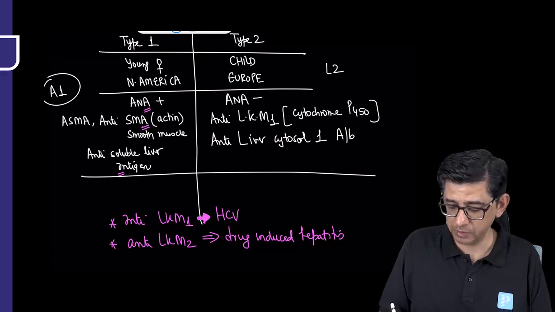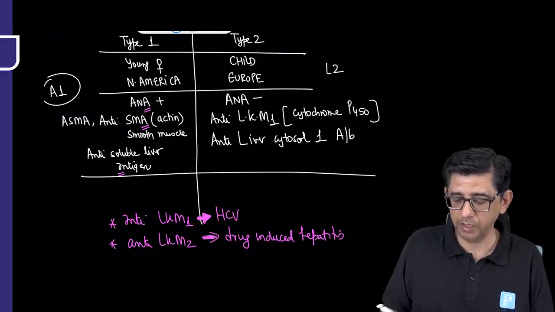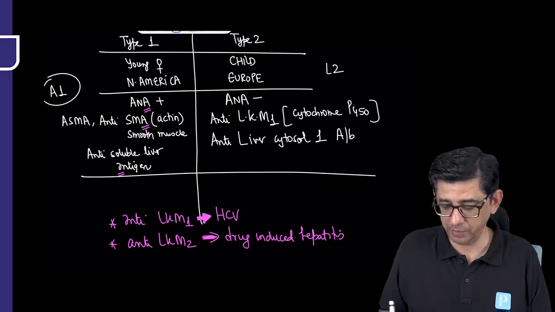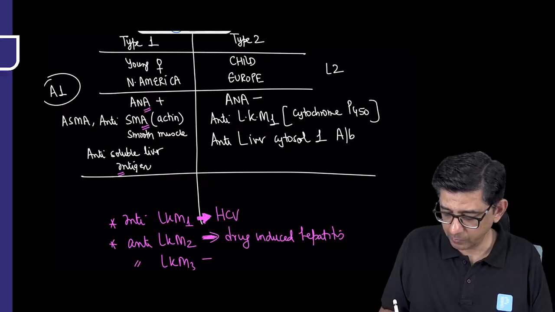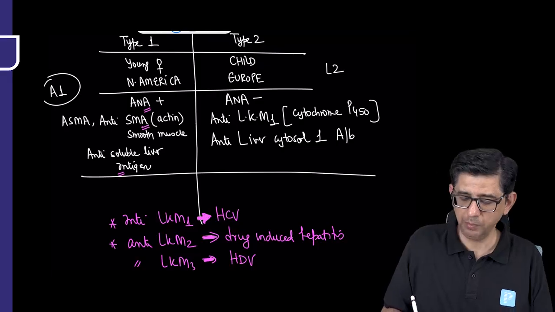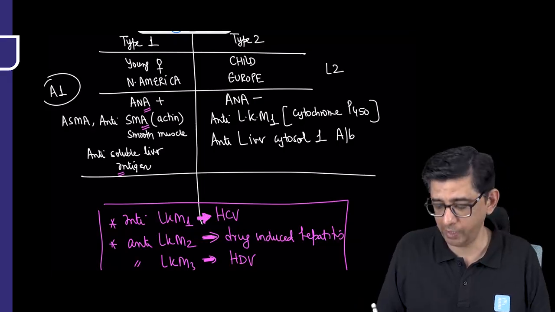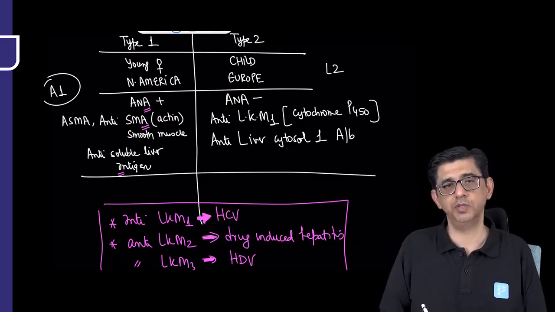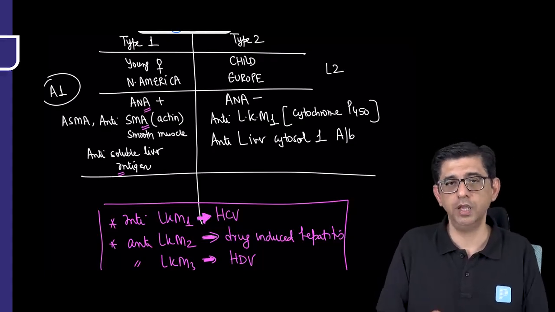So you just need to remember this association: anti-LKM1 antibody is related to hepatitis C, anti-LKM2 antibody is related to drug-induced hepatitis, and anti-LKM3 antibody is related to hepatitis D. These are a couple of associations which should be remembered for antibodies and the corresponding viral or drug-induced associations.